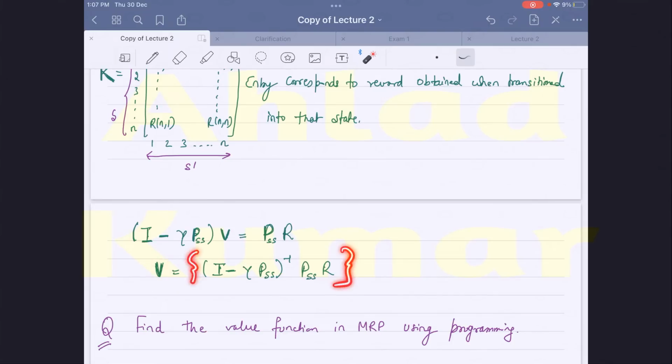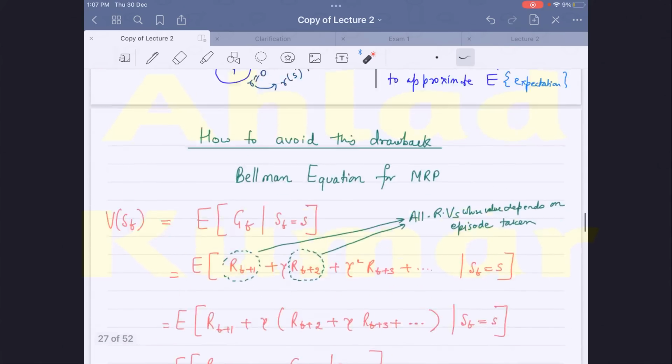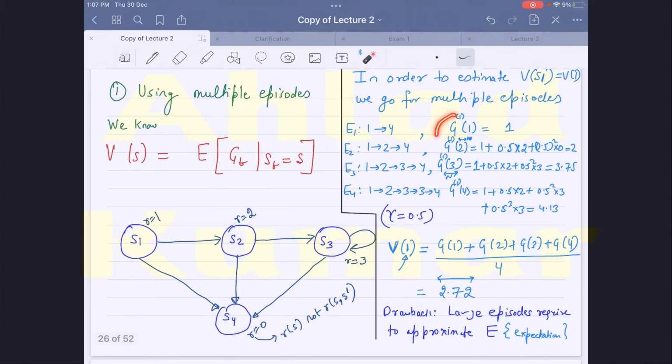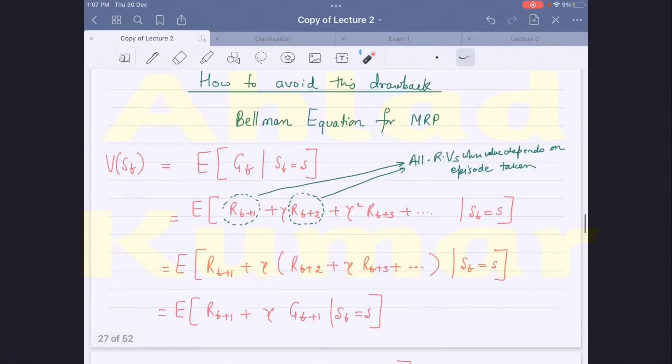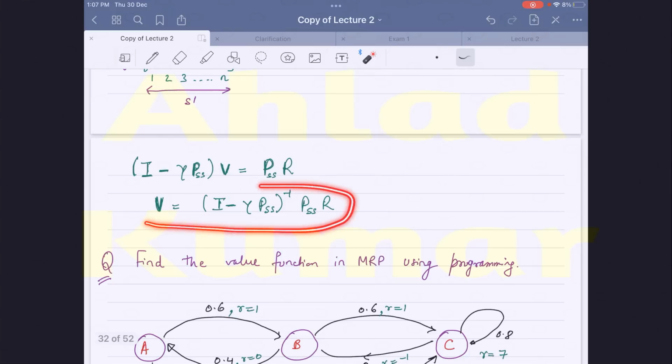So once we have this expression, we can immediately calculate the values of V, that is the value functions for all these states. Whereas in the case earlier, we were doing these type of episodes to approximate the value of V, and this can be done easily using this.